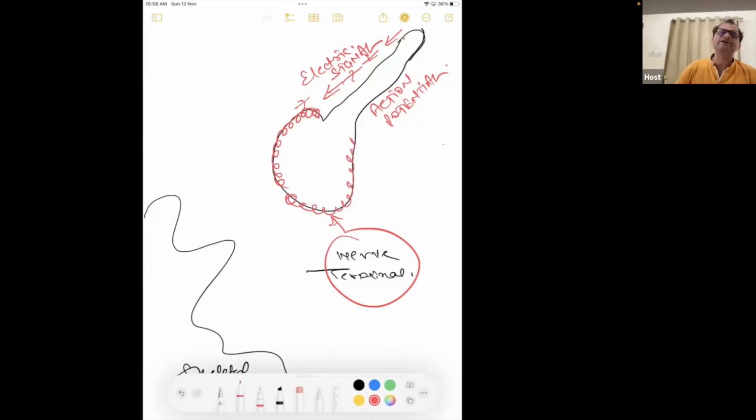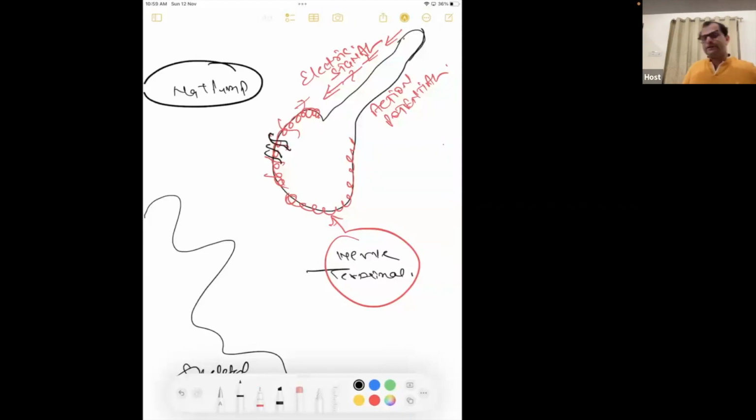Because electricity is reaching here, there will be some changes in the nerve ending. As soon as the electric current reaches here, what will happen? One event will happen: the sodium channel will open.